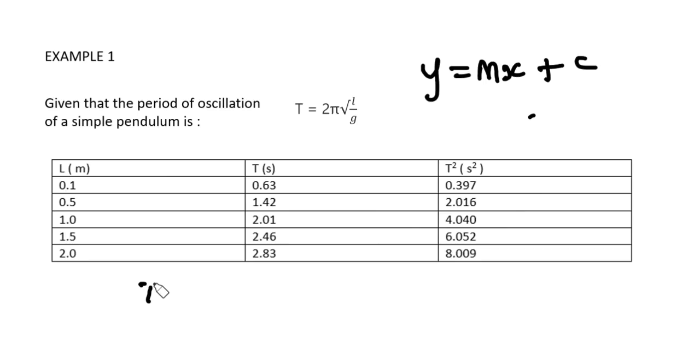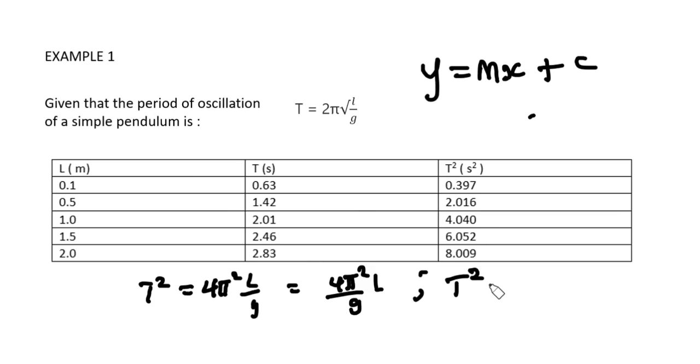We square both sides, so we have T square equals 4 pi square L upon g. You now see that this is looking like an equation of what? A straight line, y equals mx plus c.